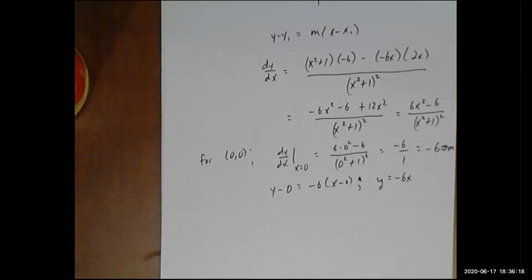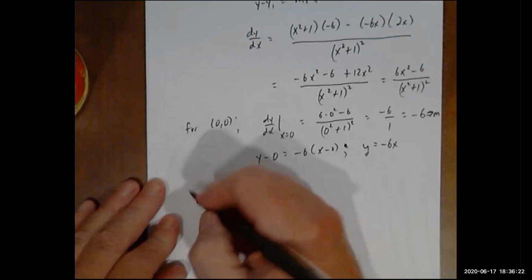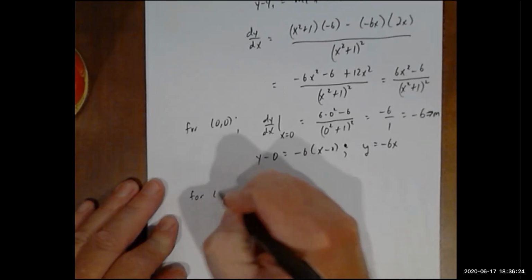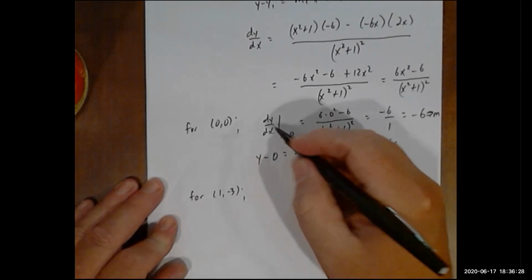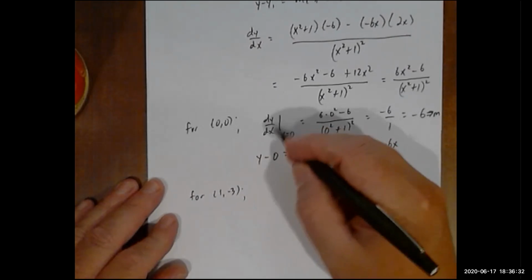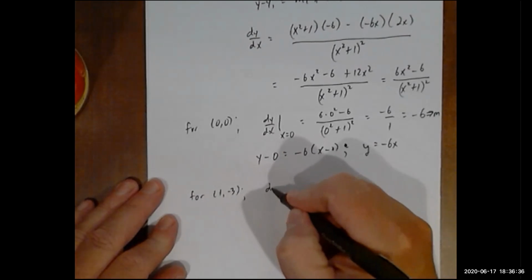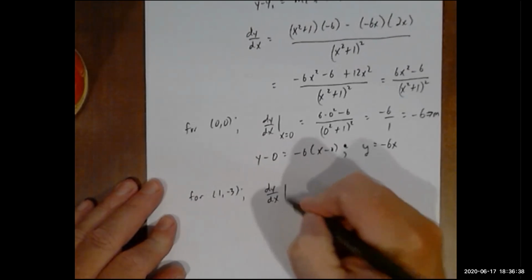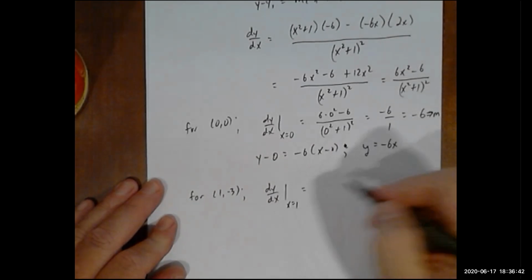1, negative 3. So now I need to get the slope when x is 1. So I need to take my first derivative now and plug in x equals 1.